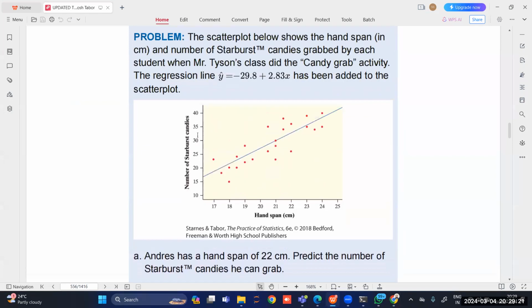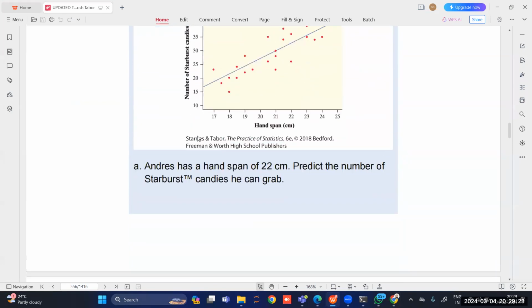Come on, read this question. What's the question, and tell me the answer. We have done it for 22 only. But you need to calculate by the formula. Come on, calculate it by the formula and tell me.